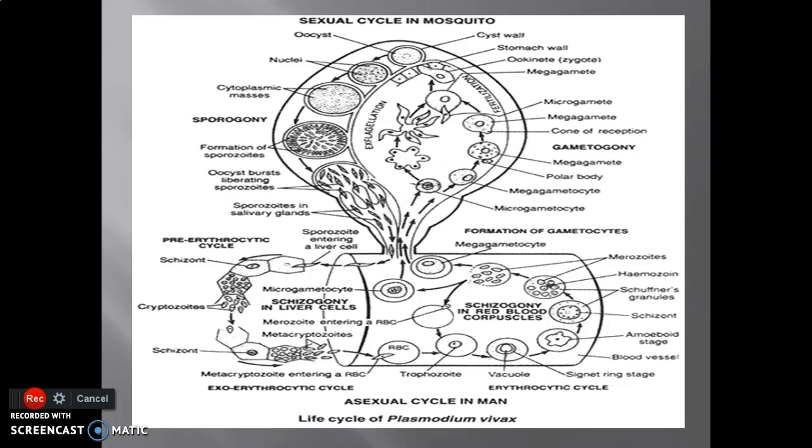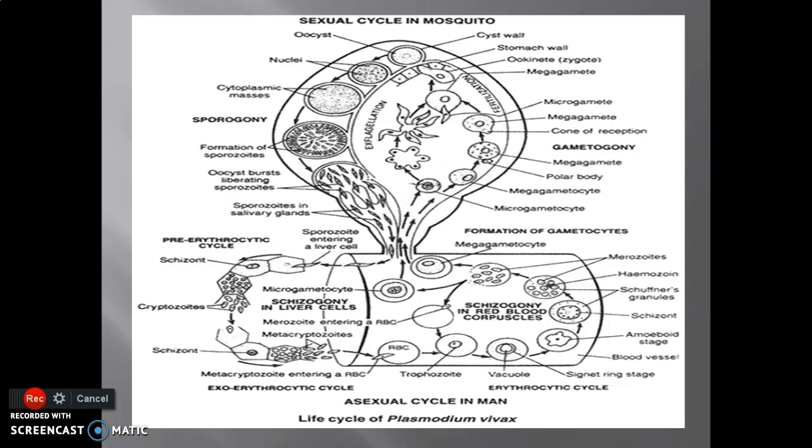The stages which are completed in the red blood corpuscles, or asexual divisions which are undergone in the red blood corpuscles, that schizogony is called as erythrocytic schizogony, and the schizogony which is undergone in the liver cell is called as liver schizogony.